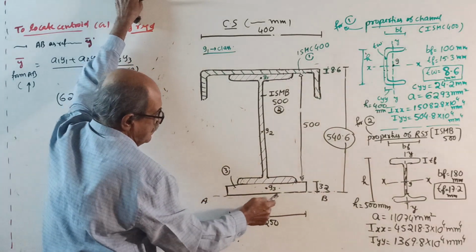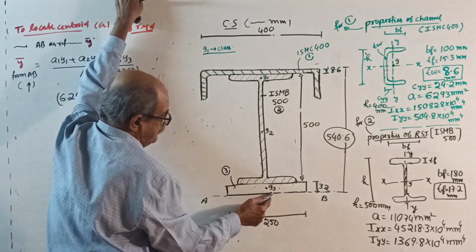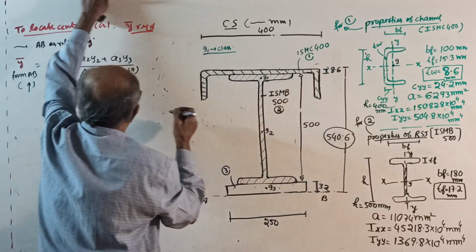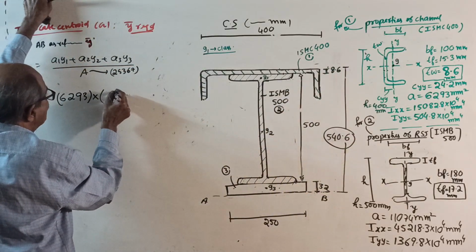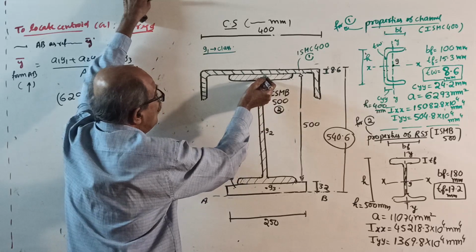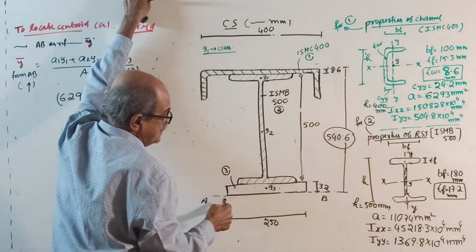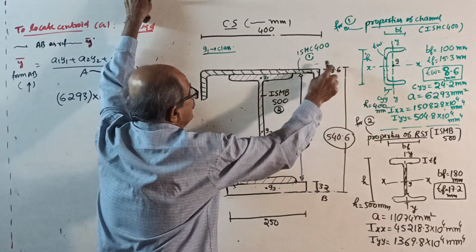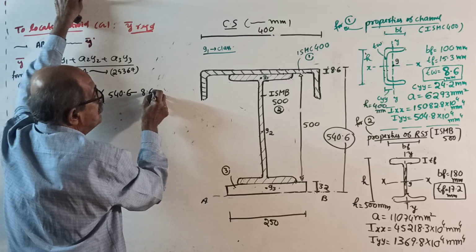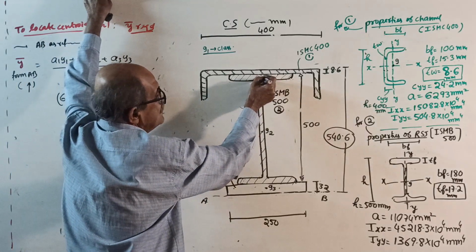See here, from bottom edge, go for full depth first, 540.6 minus, we want centroid G1 distance from bottom edge. So 540.6 minus 8.6, minus this distance.